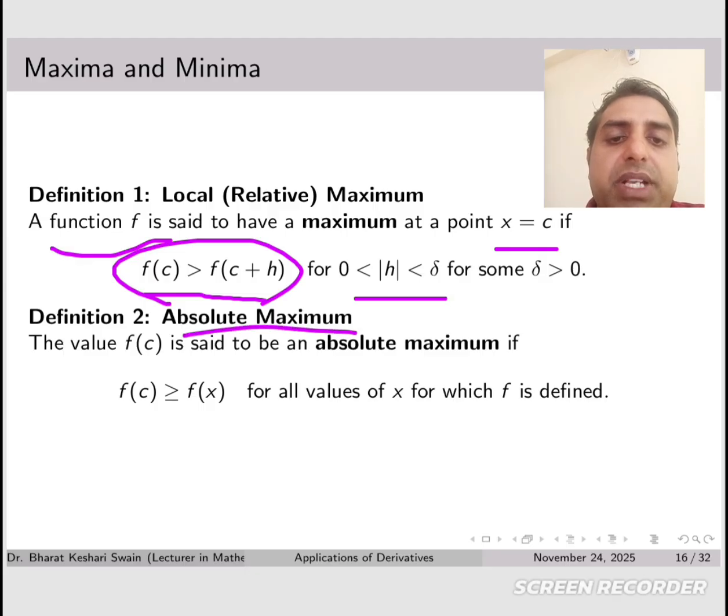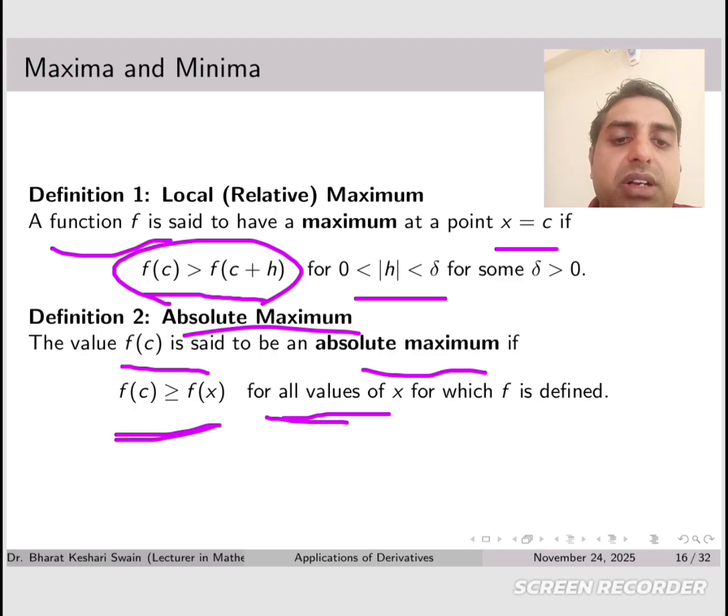Then for absolute maximum, the definition is what? The value f(c) is said to be an absolute maximum if f(c) greater than equal to f(x) for all values of x. Just note it down, for all values of x for which f is defined.